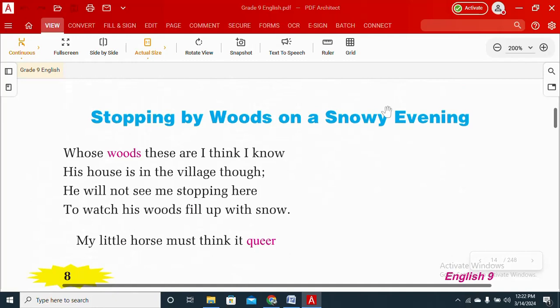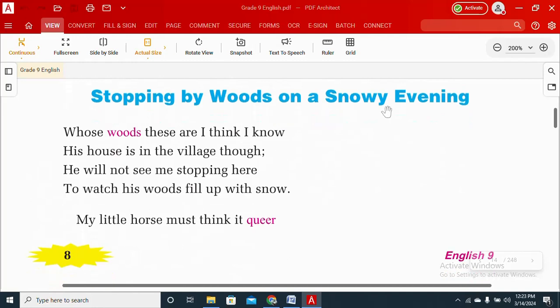It was first published in the collection New Hampshire. The poem has 16 lines which are divided into 4 stanzas. In total there are 4 stanzas: first, second, third and fourth.